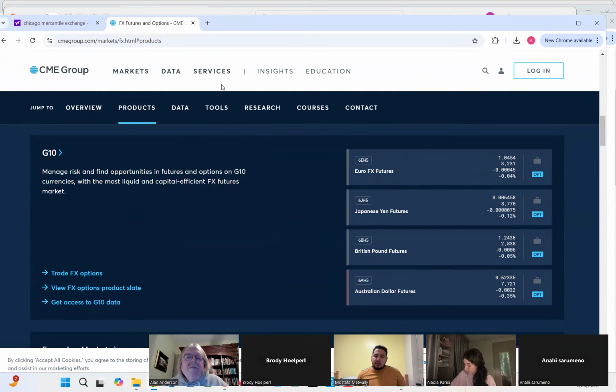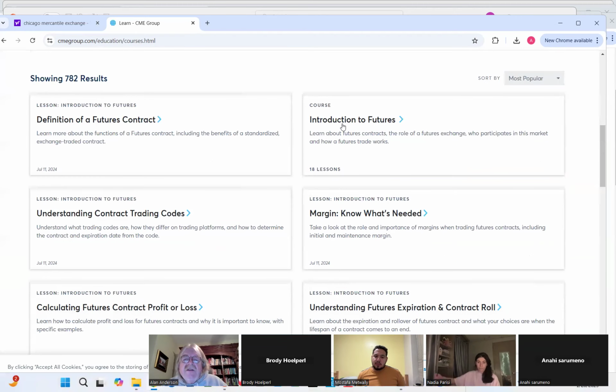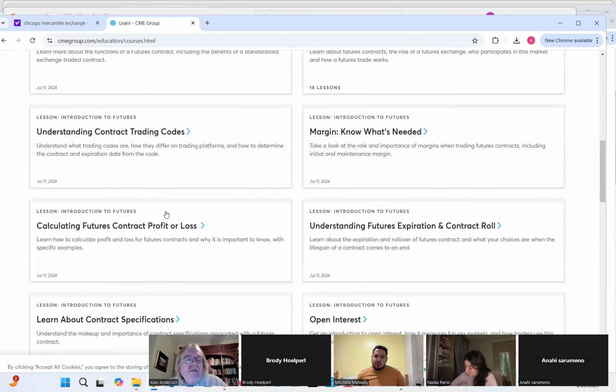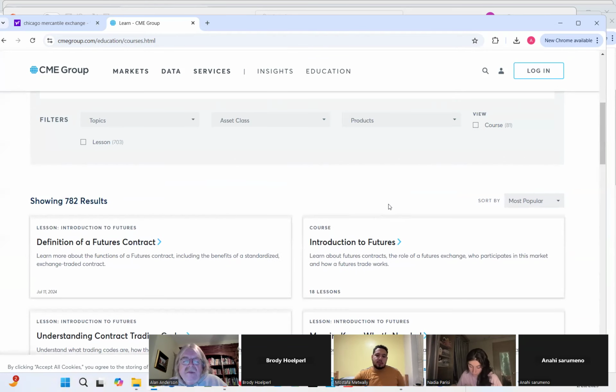Under all these different links, they have something here called research, and education. They have all these free courses you can take to learn more about derivatives, and they're all completely free. So if you want to know what a futures contract is, or any of these others, it's right here and it's completely free. How do you like that?